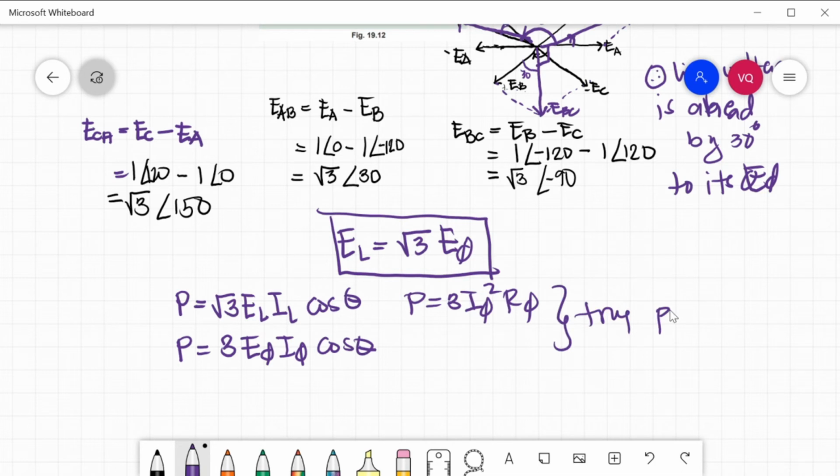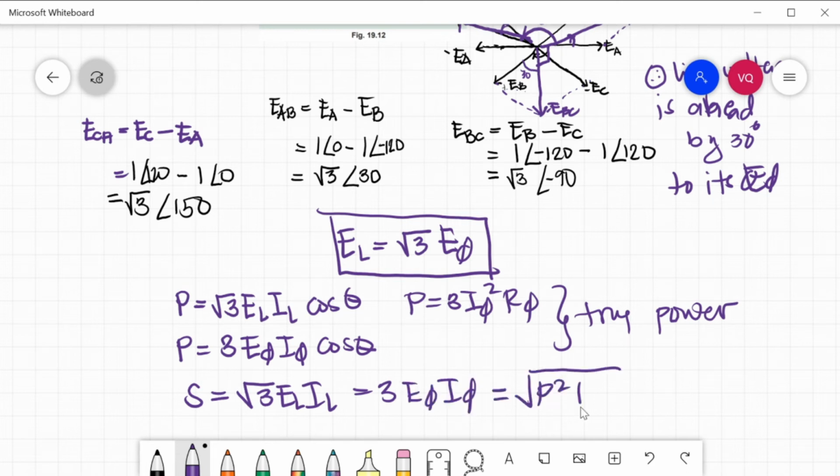For the apparent power, we have S is equal to square root of 3 ELIL, or 3 times E phase I phase, or that is the square root of P squared plus Q squared. This is for apparent power.